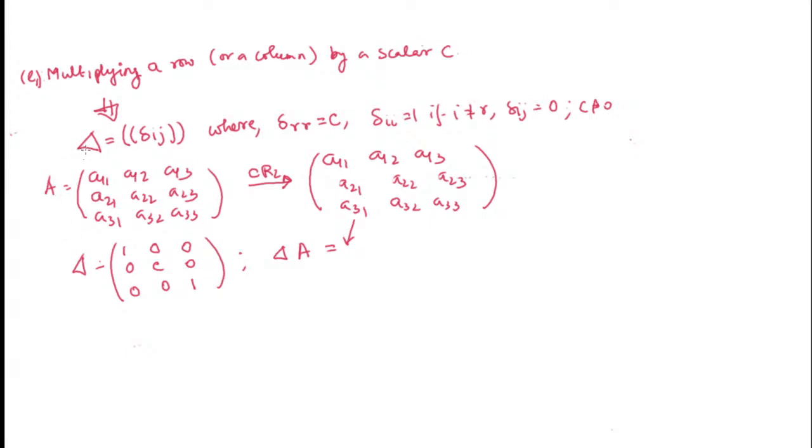If we multiply delta with A, then you get the matrix which is nothing but multiplying the rth row of matrix A by C; these two matrices are same. For this I illustrate by this example. Suppose your matrix A is this 3 cross 3 matrix. If you want to multiply the second row by C, then you get this.